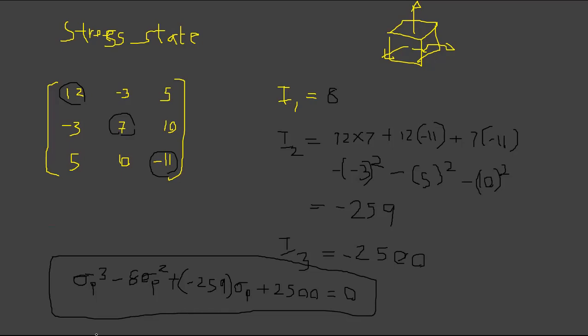So press number 4. Then it asks the coefficients. So my first coefficient is 1. Second coefficient is minus 8. Third coefficient is minus 259. Fourth coefficient is 2500, right? And I press equal, so it will give you the values.